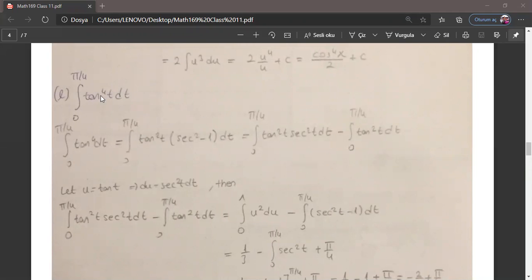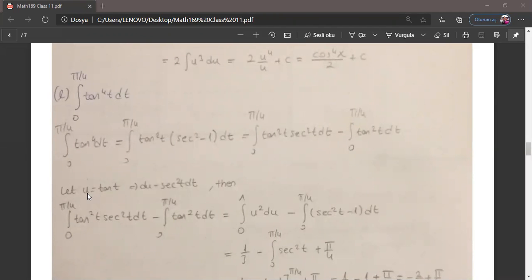Now we have tangent to the 4 as integrand. We rewrite it in this form, tangent squared times secant squared minus 1. Remember, secant squared minus 1 is equal to tangent squared, so we have exactly the same things. So then we distribute it into the parentheses and get these integrals.